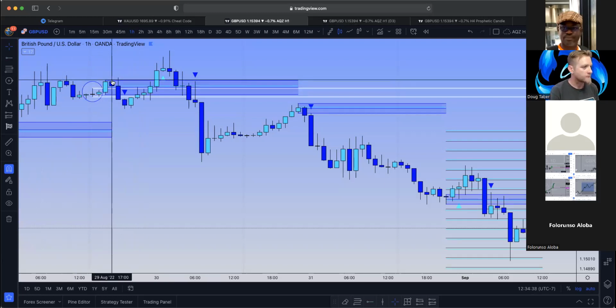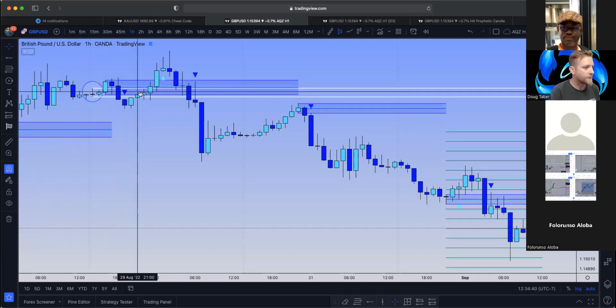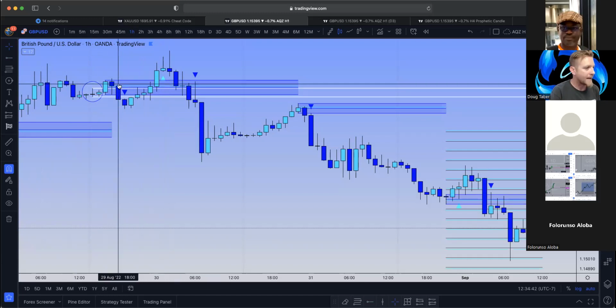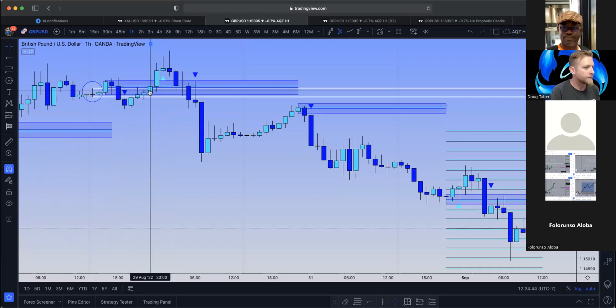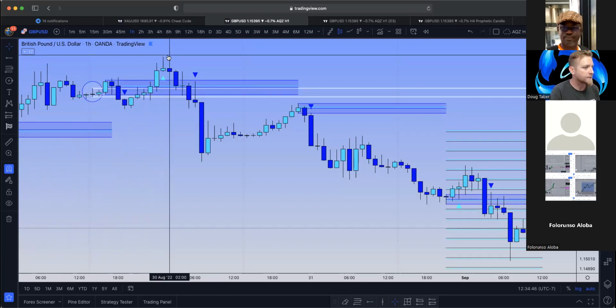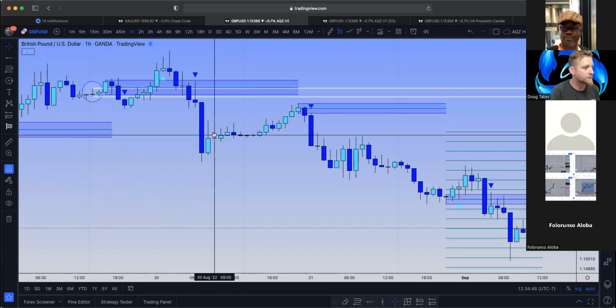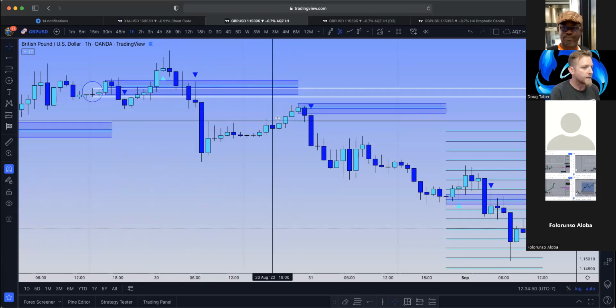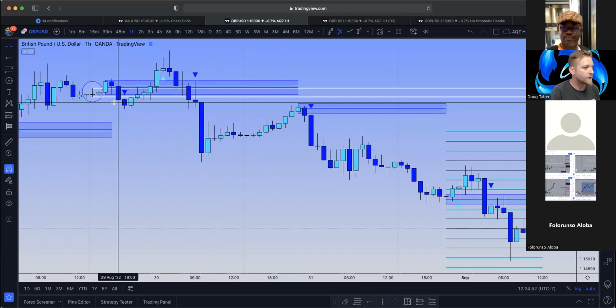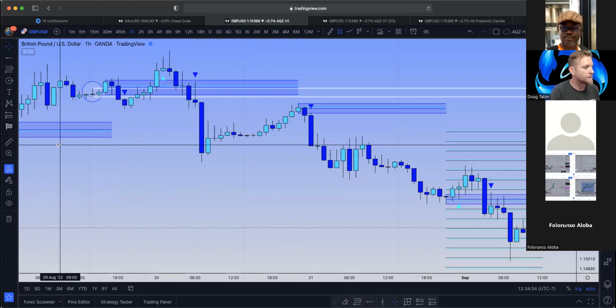Once your prophetic candle is determined, that zone acts as an equilibrium, so price above it is going to buy, price below it is going to sell. Every day you'll get a fake out pattern like that.